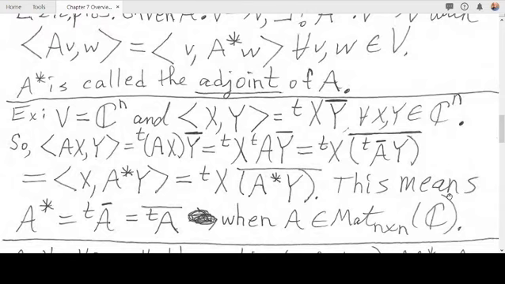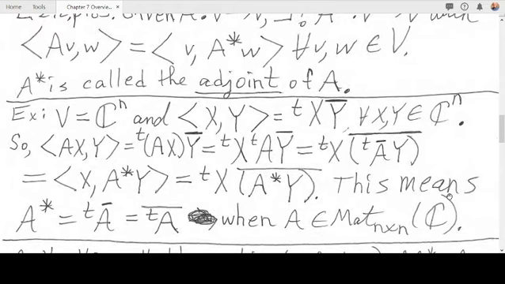So when you place this into the scalar product with AX with Y and work it out, you'll notice you eventually wind up with A star equal to the transpose of A conjugate, which is also equal to the conjugate of A transpose.